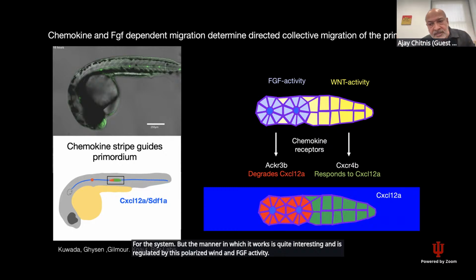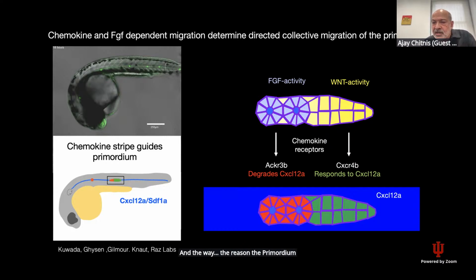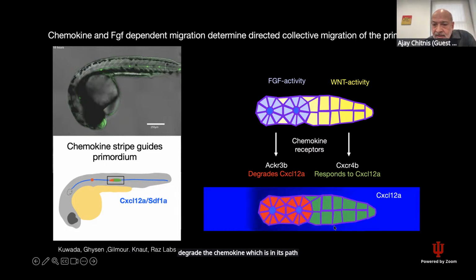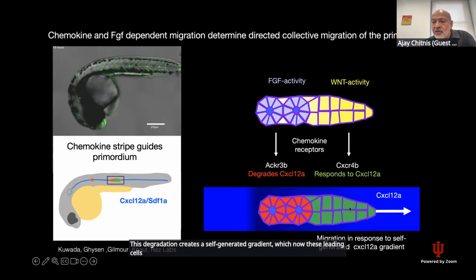The stripe of CXCL12 that defines the route along which it migrates is relatively uniform, and the reason the primordium migrates in a particular direction is because Wnt and FGF activity regulate the expression of two different types of chemokine receptors. So at the back is one of these receptors whose job it is to degrade the chemokine which is in its path.